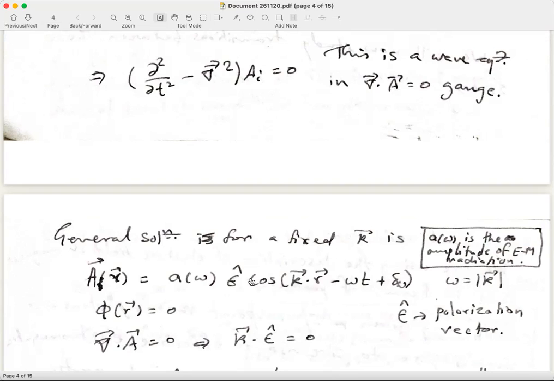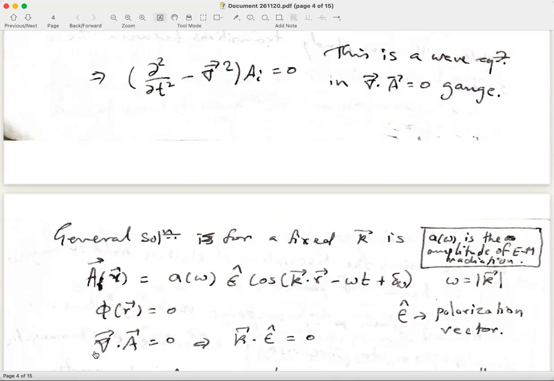Epsilon hat is the polarization vector, which is what takes care of the vector nature. This is basically a unit vector, that's why the hat. Phi of r equals 0 is just a statement that there is no Coulomb potential.